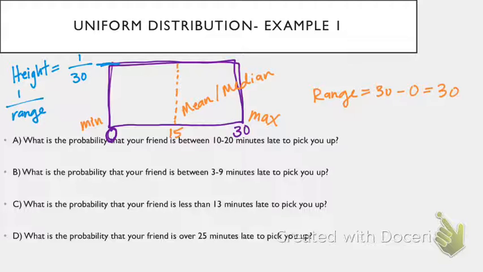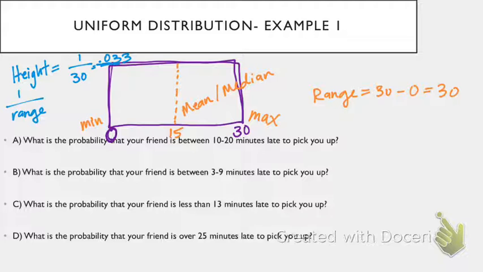When you type in 1 divided by 30, what do you get? 0.03 repeating, so I'm just going to put 0.033. When solving a problem, you can leave it as a fraction or put it into a decimal, just go out 3 decimal places. Now you have everything you need to answer the problem.